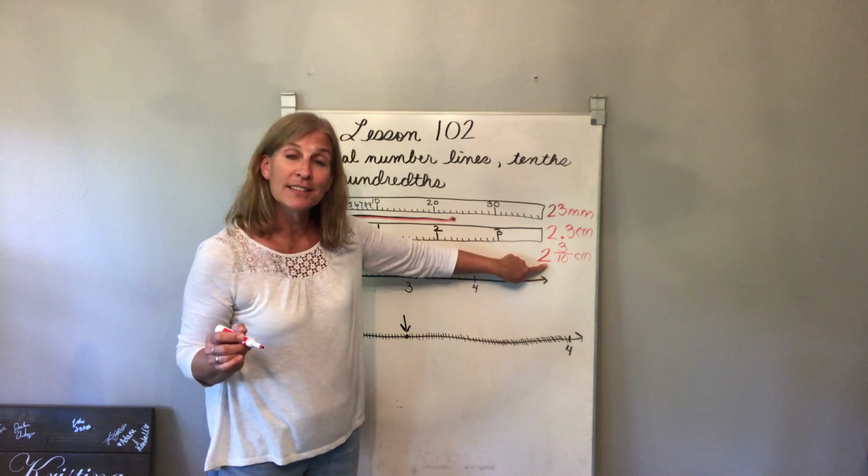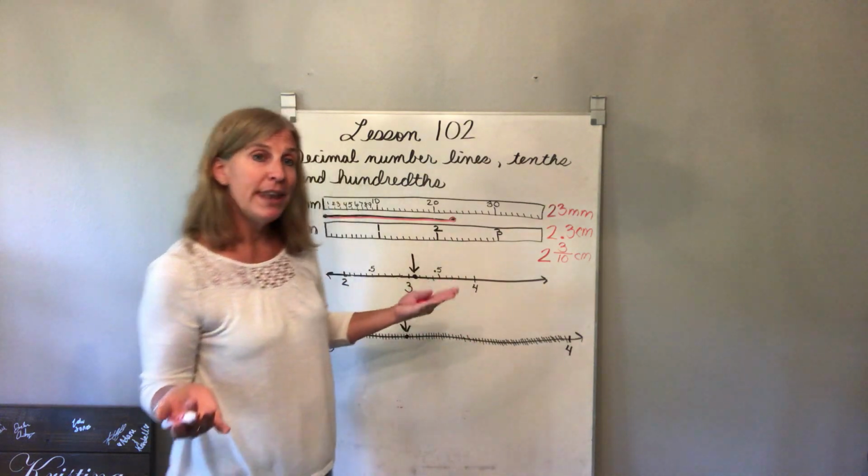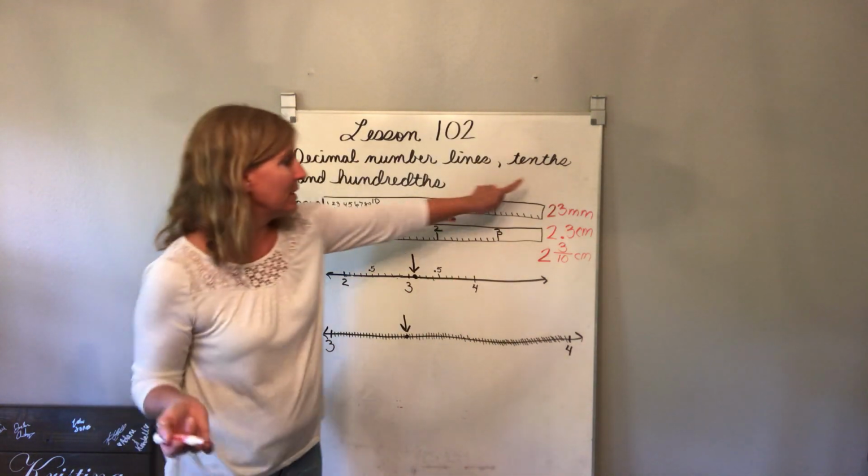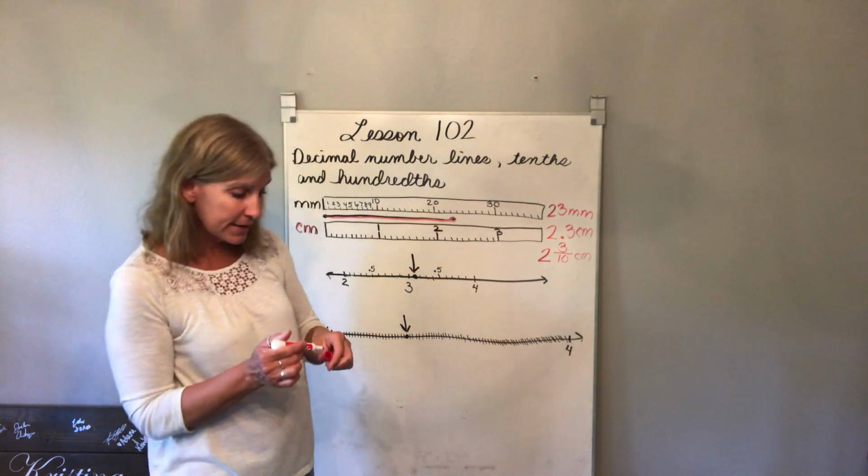They all name the same length. This red line can be described in any of these 3 ways.